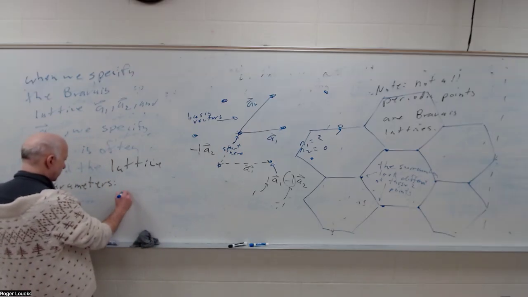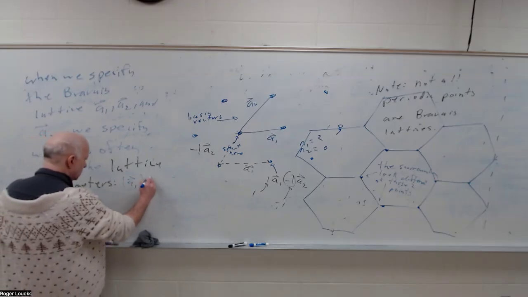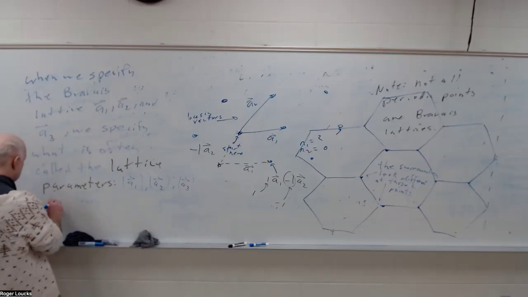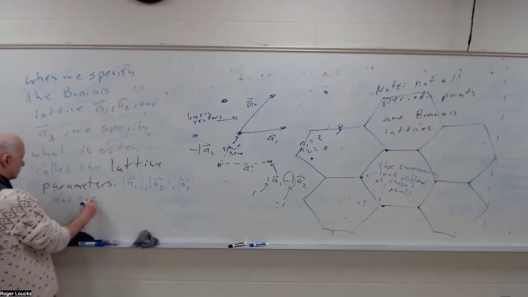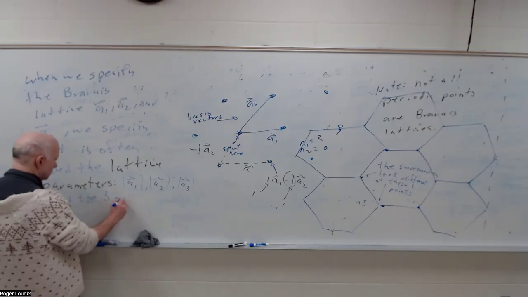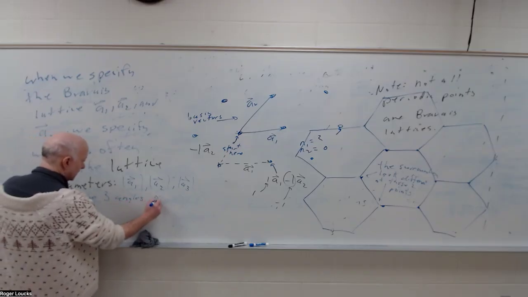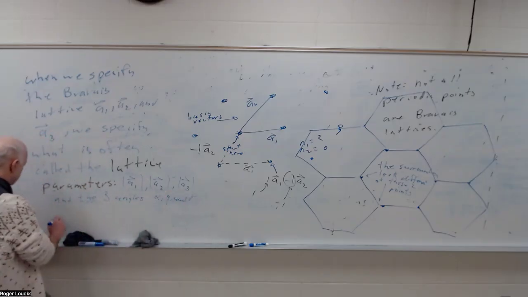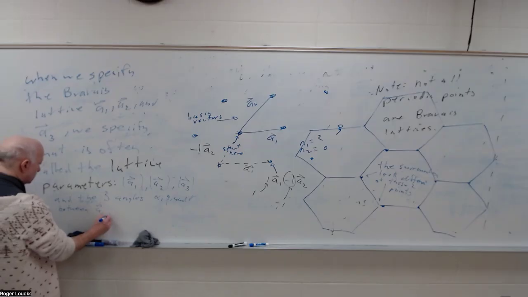Okay. So lattice parameters will be the magnitude of A1, magnitude of A2, magnitude of A3, and the 3 angles, alpha, beta, gamma, between A1, A2.